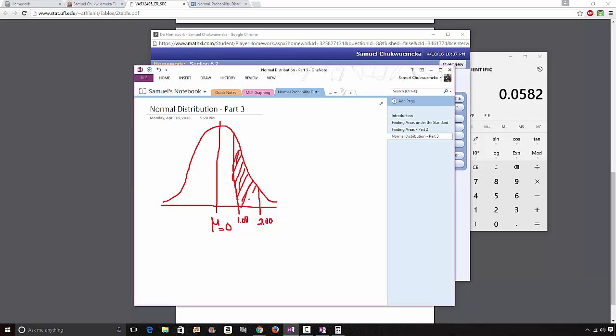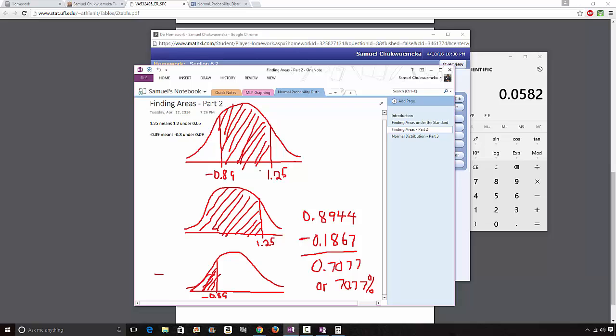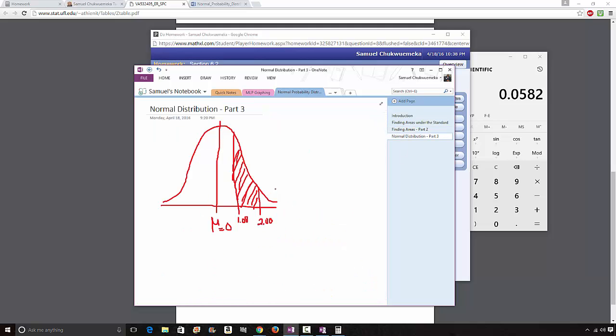And we did this in part 1. Remember what we did in part 1? Do you remember? In part 1, you find the first one, then find the second one, and you subtract. Okay? Actually, let me explain it again here. Because we are using this table, how do you find this area here?